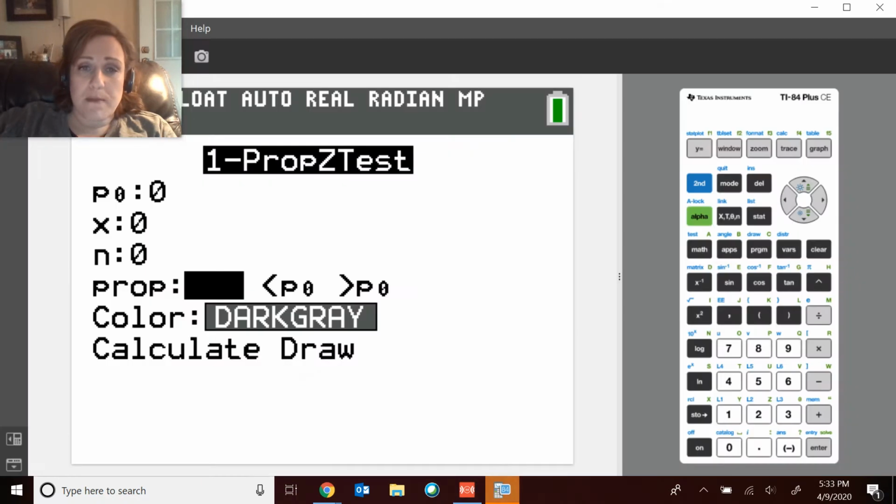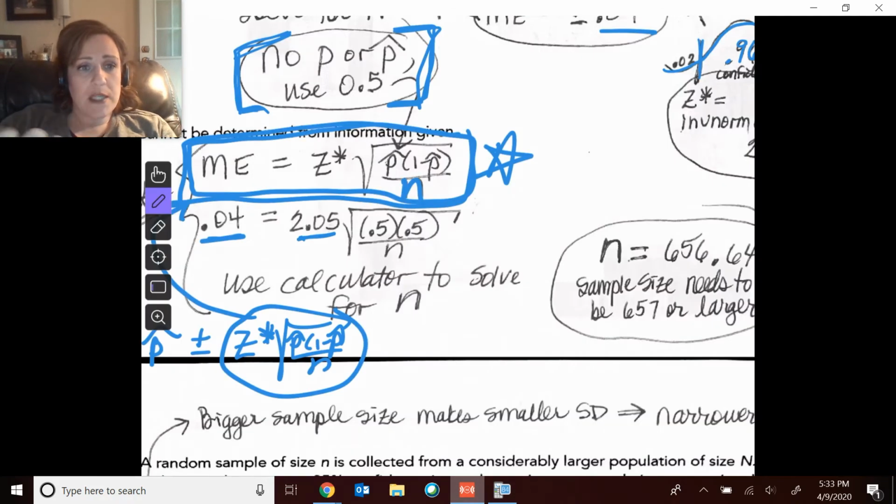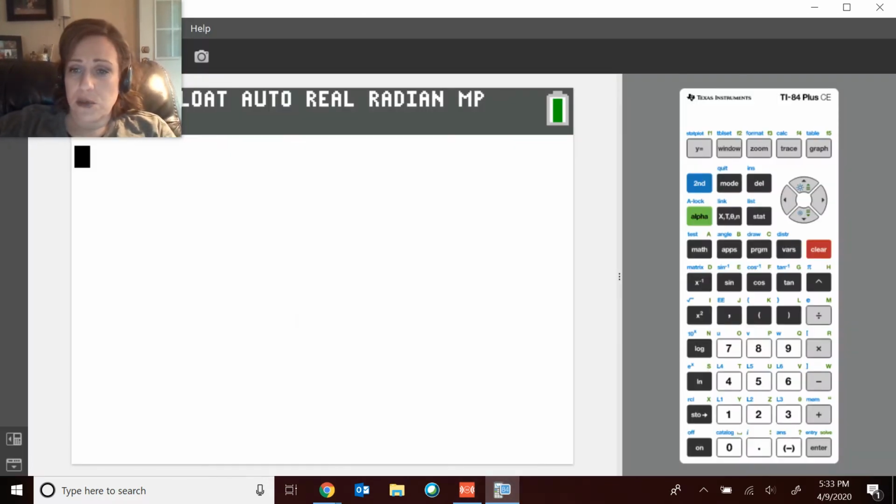Now, if I was to pull up my calculator and take a look at what we're doing here, what I'm going to do is take this 0.04 and divide by the 2.05 first. So my 0.04 divided by the 2.05.